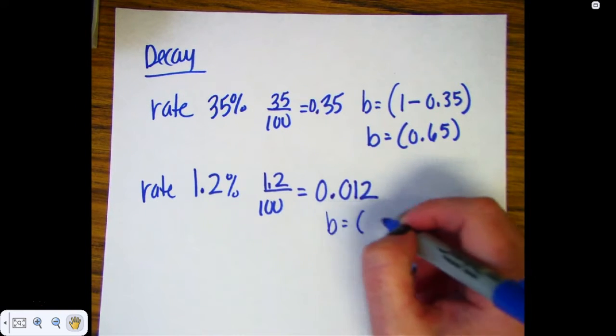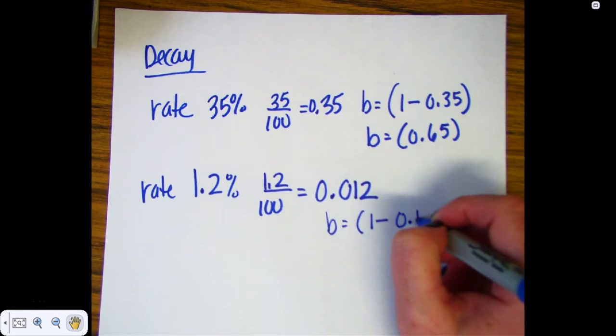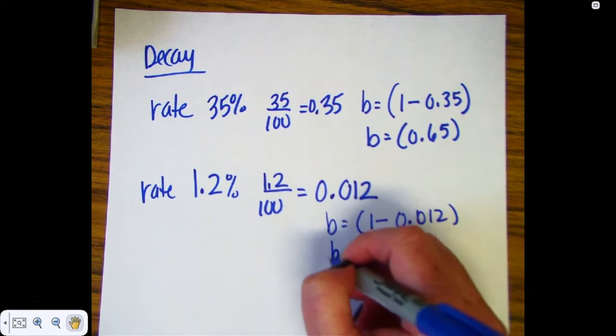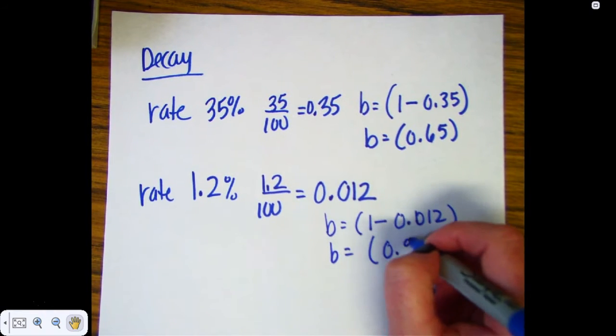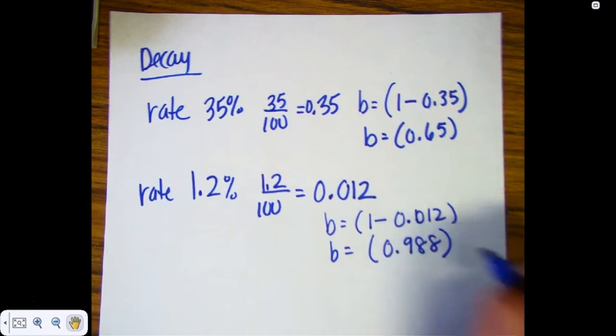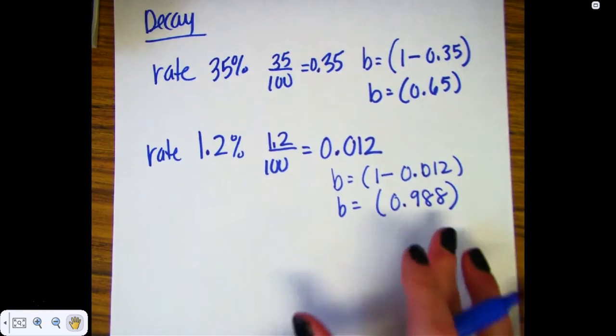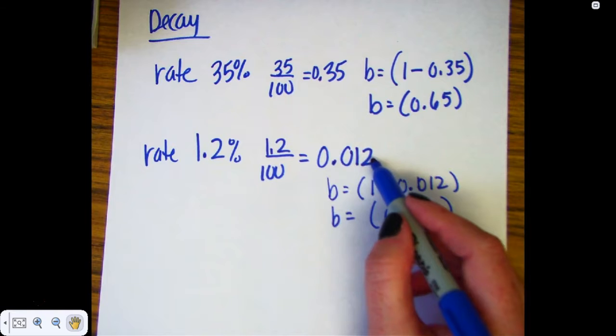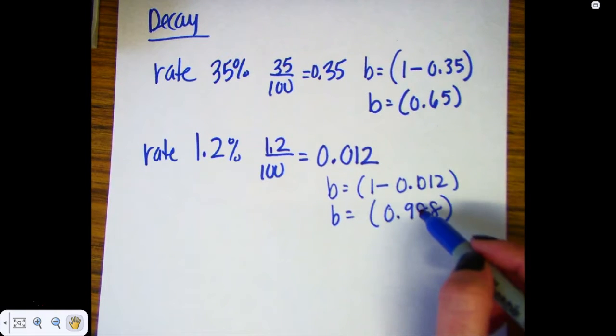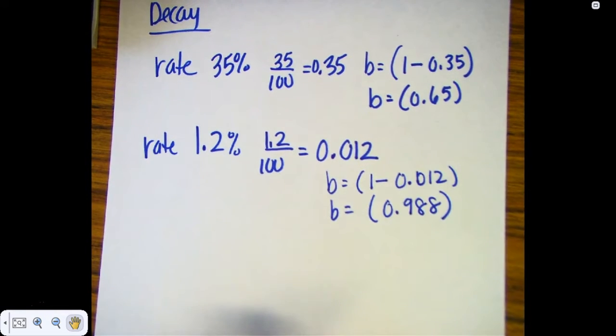B is equal to 1 minus 0.012. If I subtract that, that's 0.988. All I'm doing is converting it to a decimal. Then I'm subtracting from 1 because the 1 represents 100%.